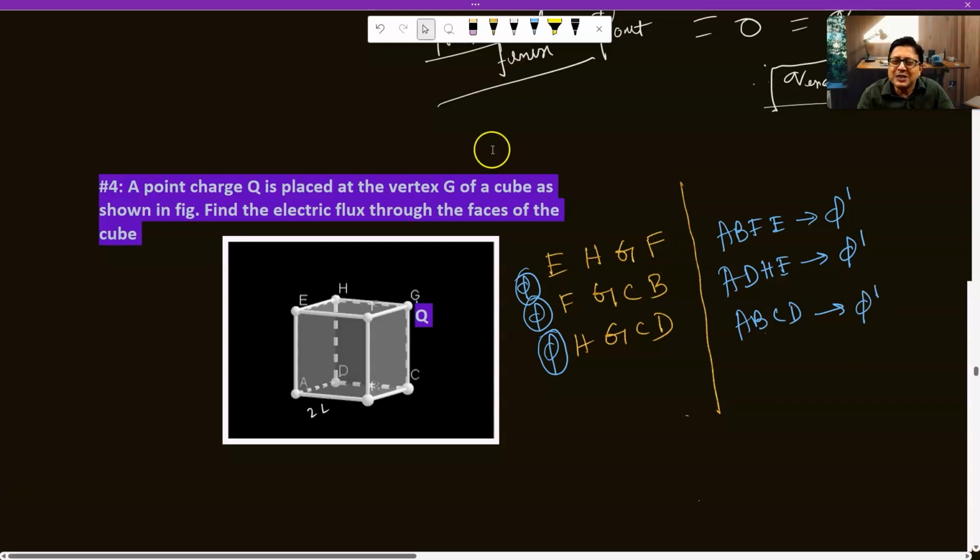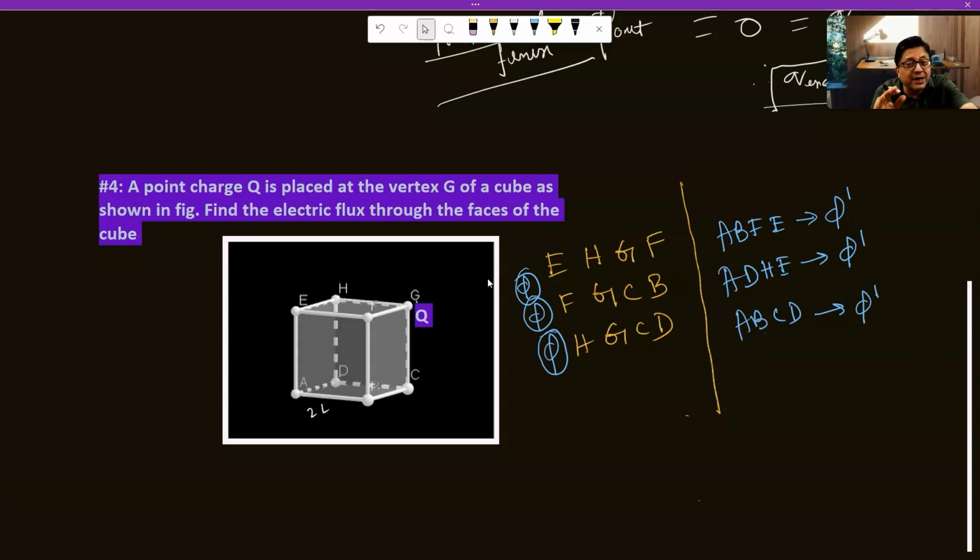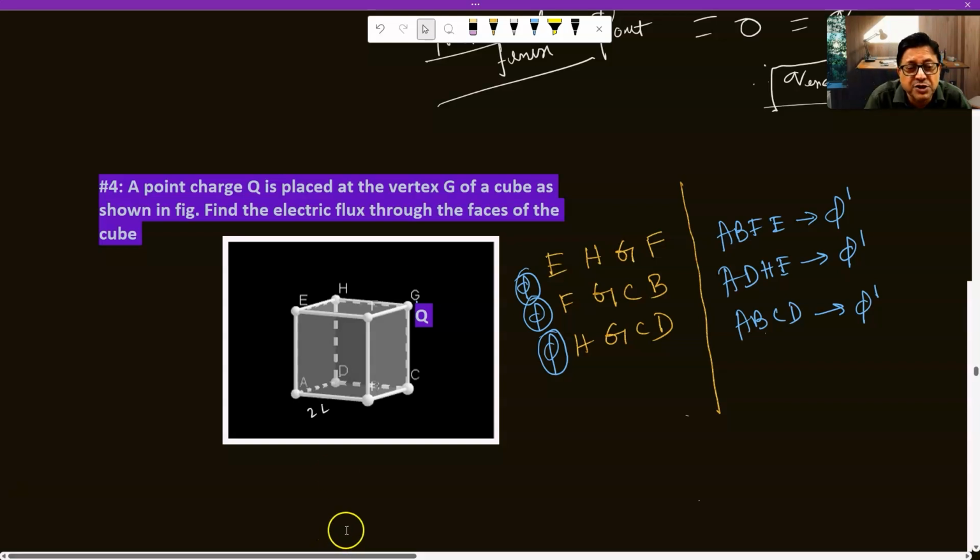Isn't it? With respect to the charge Q, their geometrical positions are identical. Am I clear? So flux will be similar in this case, and flux will be similar in that case. But the basic problem is how to calculate. By Gauss law, is it possible? Only by Gauss law? Or do you have to use some technique of differentiation, integration? You are very good at this, I know. Do you need to apply all these?